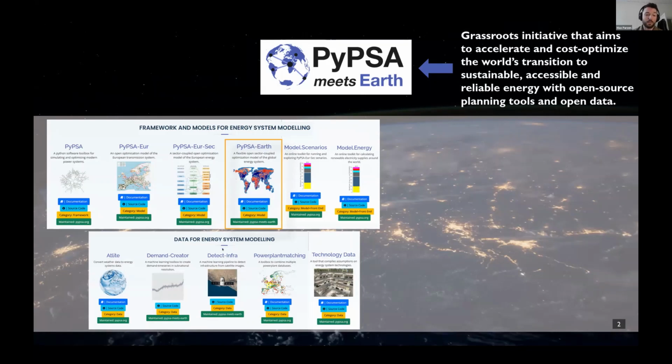So what is really important for any energy system model, as Tom said, is the data part. And in the ecosystem, the PyPSA community worked a lot on that. What is specifically interesting is the Atlite tool. Maybe many of you are aware of Renewables.ninja.